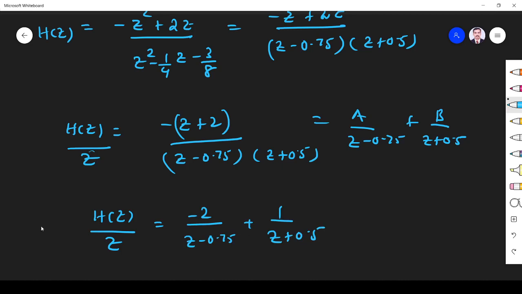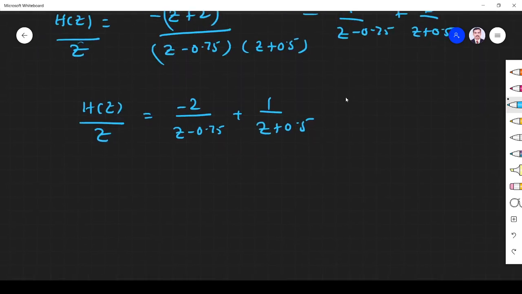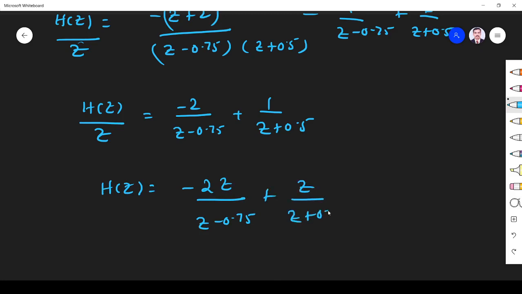If you don't know how to do partial fractions, I have given a shortcut video to find the transfer function, so you see that and you can get the answer. Now you bring this z to this side because I need h of n only. So H of z is equal to minus 2z by z minus 0.75 plus z by z plus 0.5.